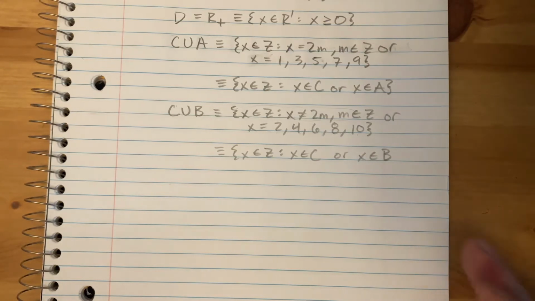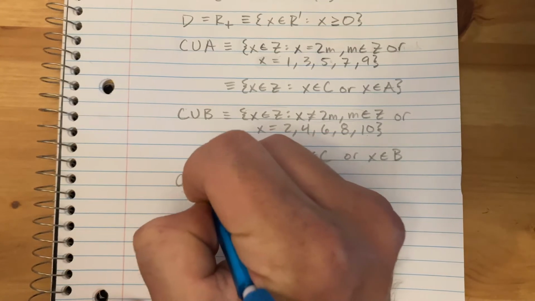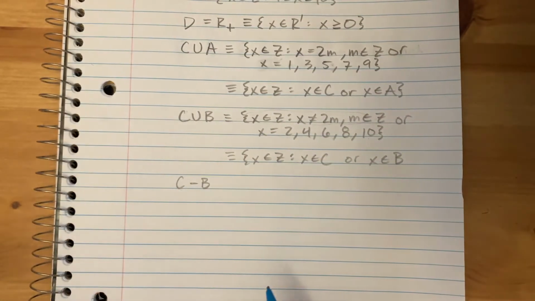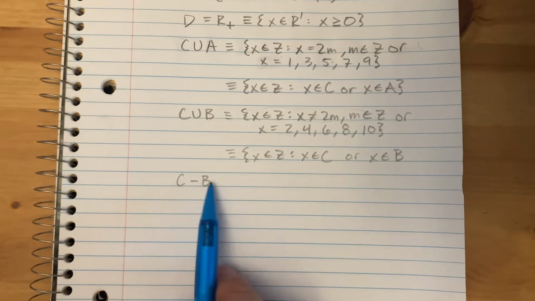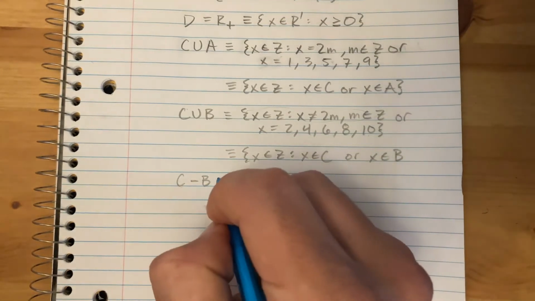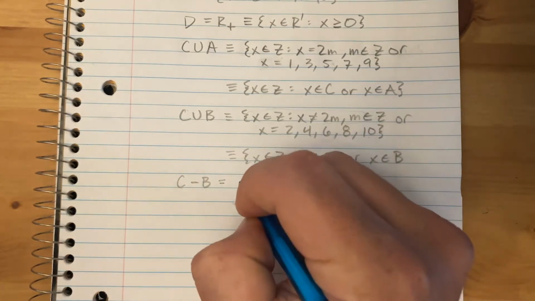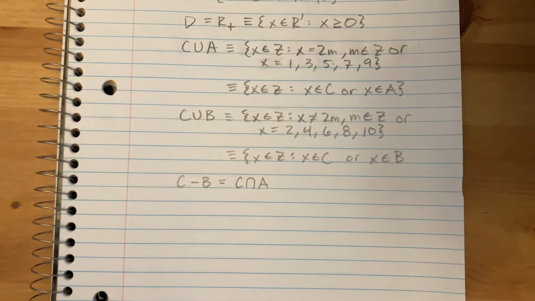All right, the next one is C minus B. So everything that's in C excluding what's in B. And this is actually the same as C intersect A. I'm sorry, is that right?